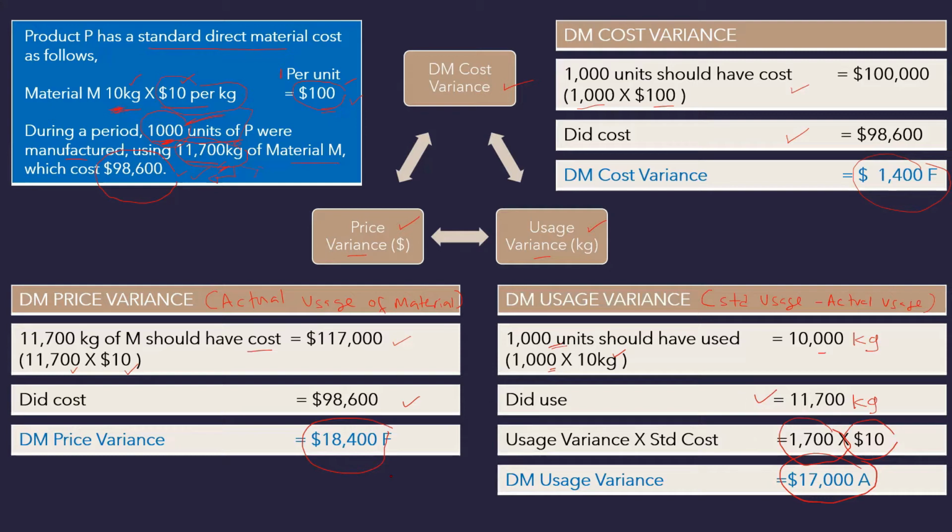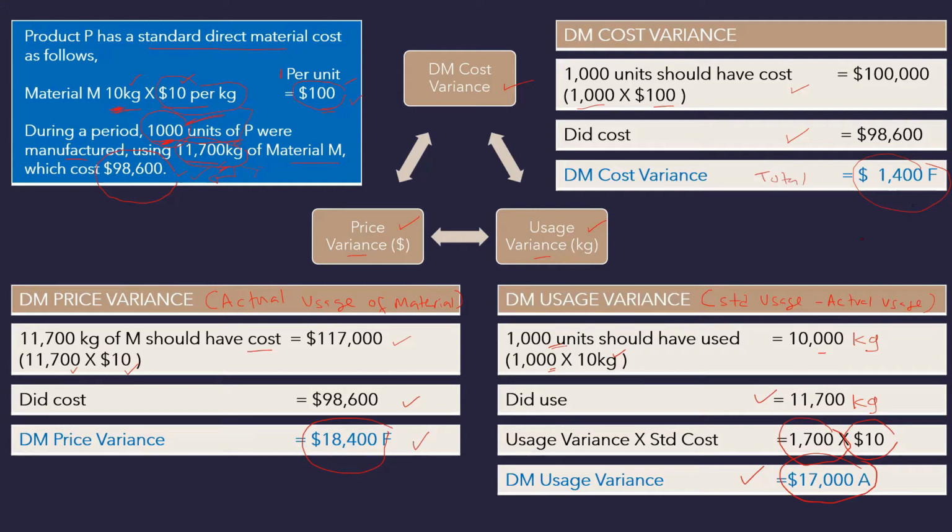Now, when you compare this 18,400 favorable variance and 17,000 adverse variance, favorable against adverse, you can see the difference. 18,400 minus 17,000 will be the total variance or the cost variance of 1,400.